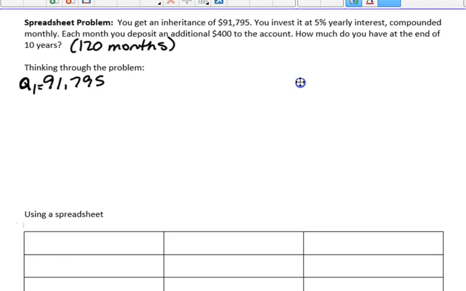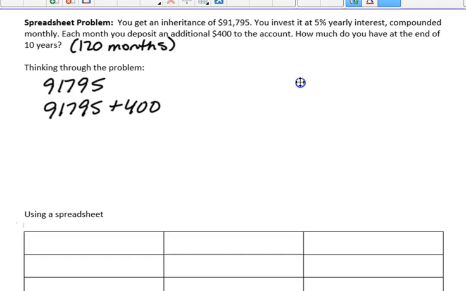Then on the second month, I would be taking that $91,795. Then I'm going to take 91,795, add $400 to it. And then I'm going to add interest.